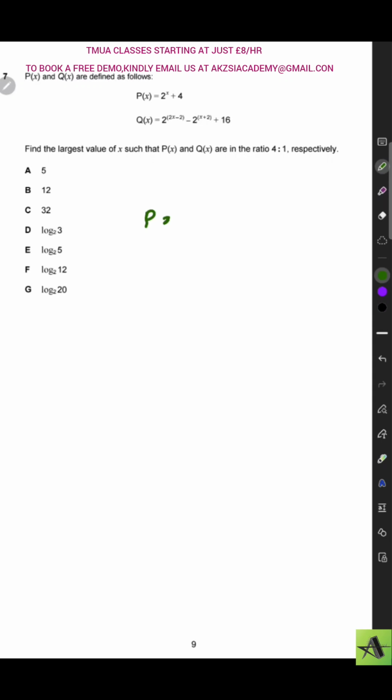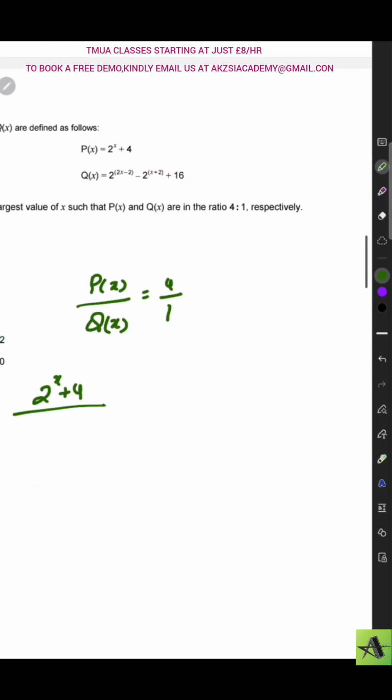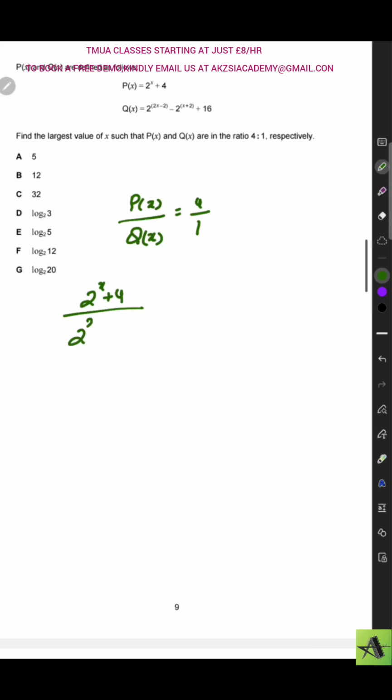We have to start with the ratio which is already mentioned and put the value of P(x), which is 2 to the power of x plus 4, over Q(x), which is 2 to the power of 2x minus 2, minus 2 to the power of x plus 2, plus 16, equals 4/1.